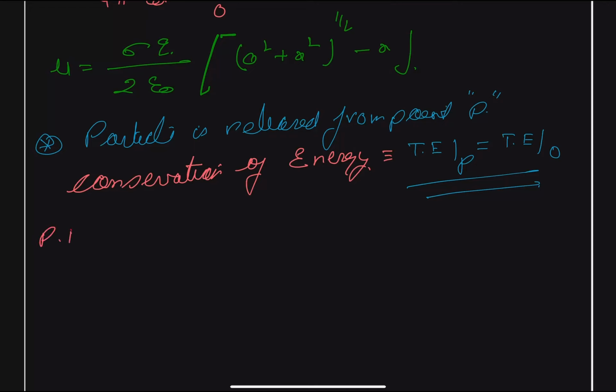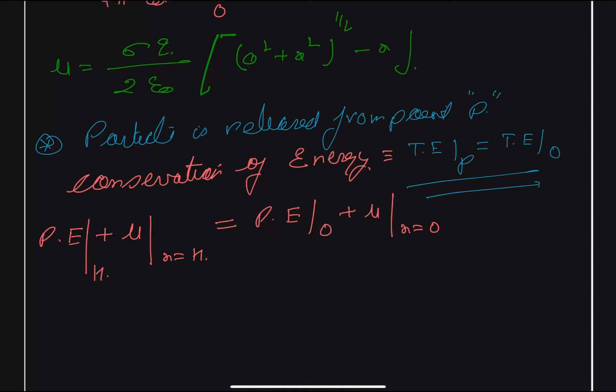So you can say the potential energy plus electrostatic potential energy, which is our U, but the U is to be found out at x is equal to capital H. That will be equal to the total energy at point O, the potential energy at O, plus the electrostatic potential energy when x is equal to 0.